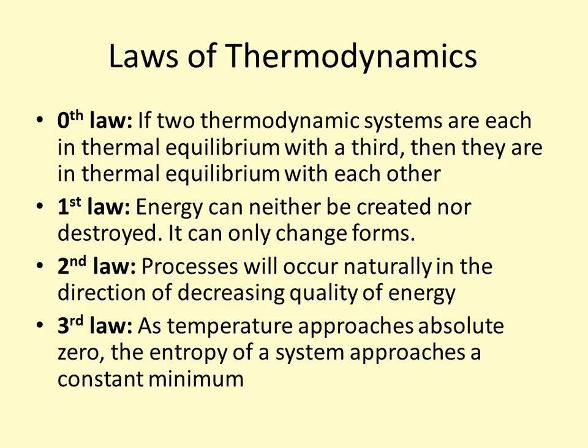Usually it's around 60% in the best case scenario, and that would be for a totally reversible Carnot heat engine. So the second law tells us whether or not processes will occur naturally.